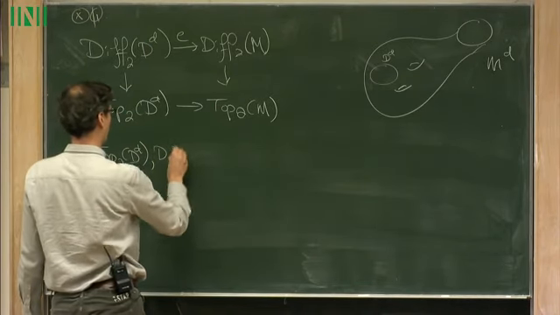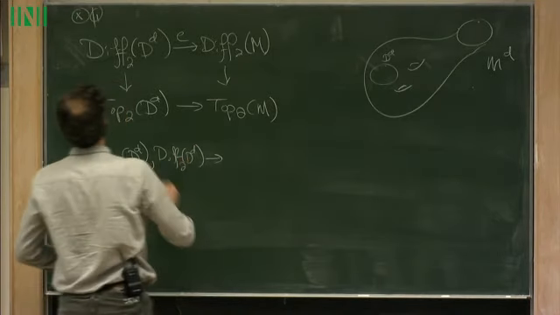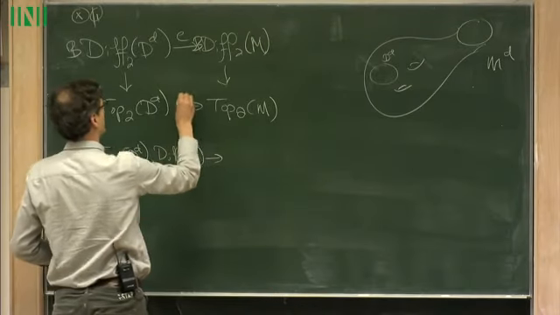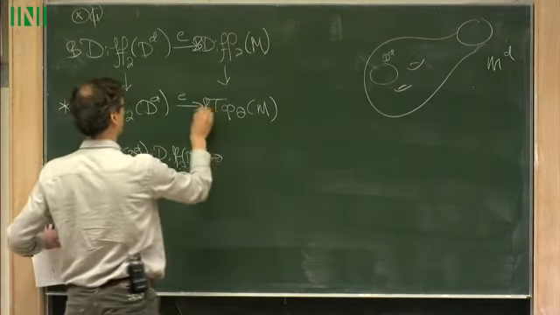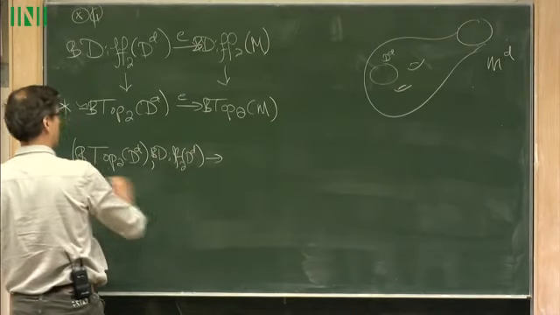So we get a map of pairs. And we also know that this evaluation map, of course, is a homomorphism, so it induces maps of classifying spaces. So maybe let's look at the corresponding pairs.